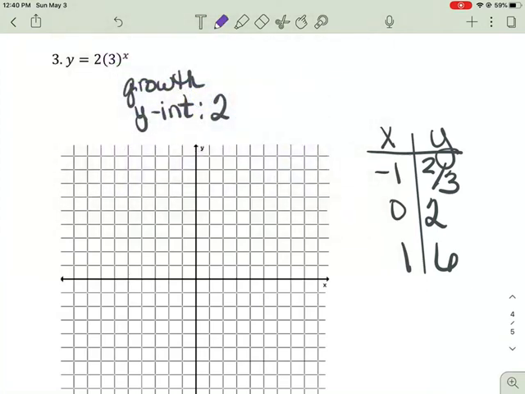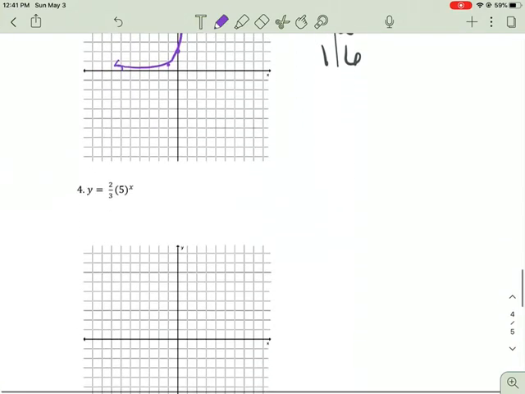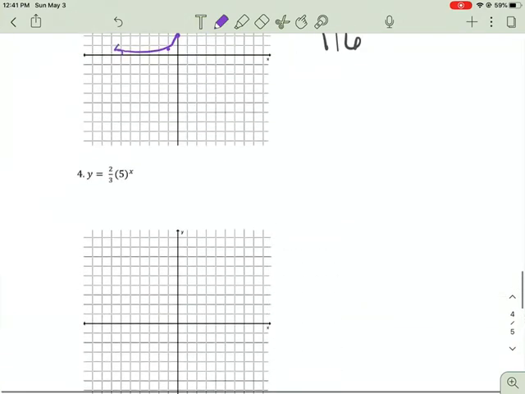And hopefully that'll help you put your head around where I'm getting these points. Again, I'm just picking -1, 0, and 1. I'm putting them into the equation and then figuring out the y value. So -1 is 2/3, 0 is 2, and 1 is 6. Notice the difference. It's increasing faster if there's a number in front.